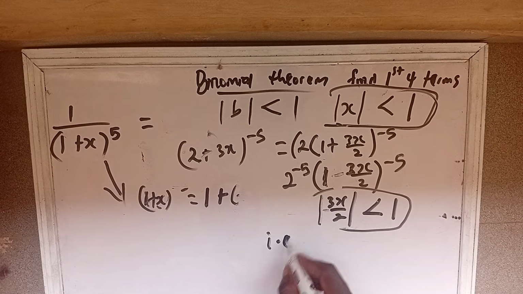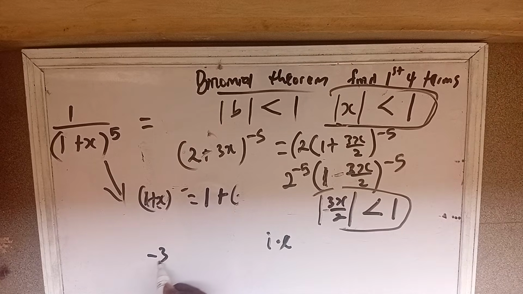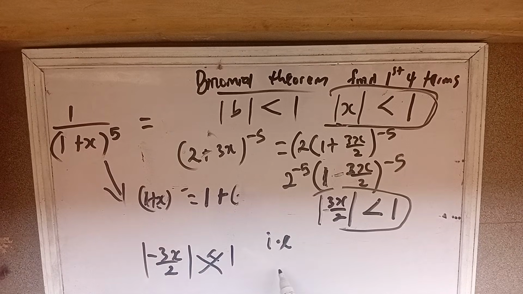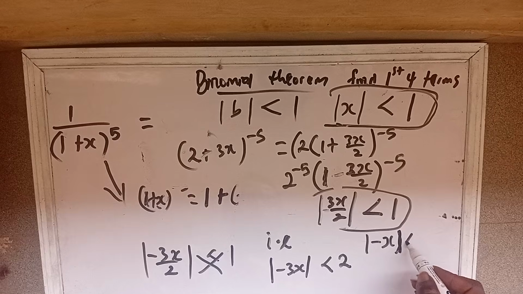Can I change it to, if you cross multiply, if you have minus 3x over 2 less than 1, if you cross multiply, you have the absolute value of minus 3x less than what? Less than 2. Then if you divide both sides by 3, you have the absolute value of minus x less than what? 2 over 3.